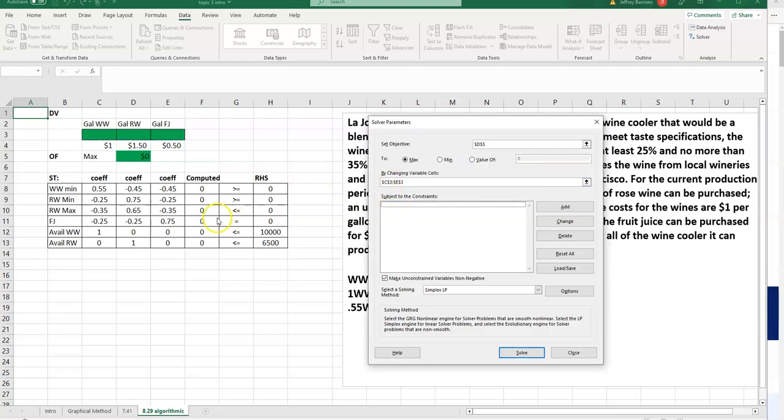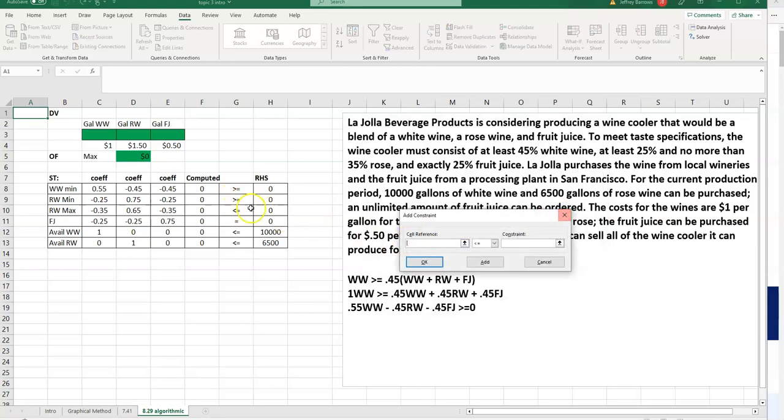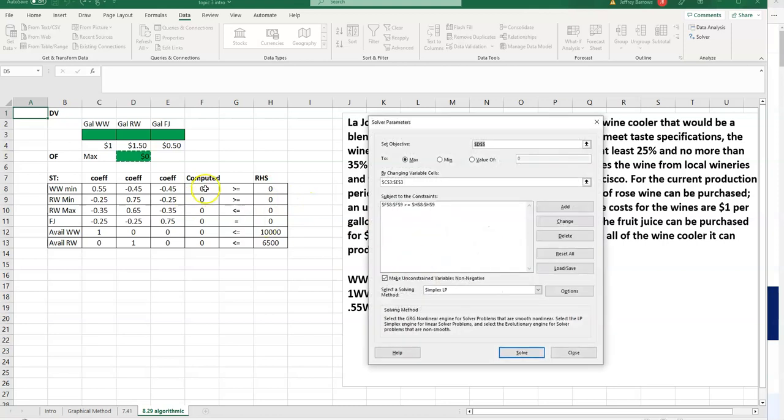Since I don't want to change the order on these because I don't want to mess up the video, I think I do these two at the same time. So I'm going to add. These two values must be greater than or equal to the corresponding values here. So I have added those two constraints at the same time.